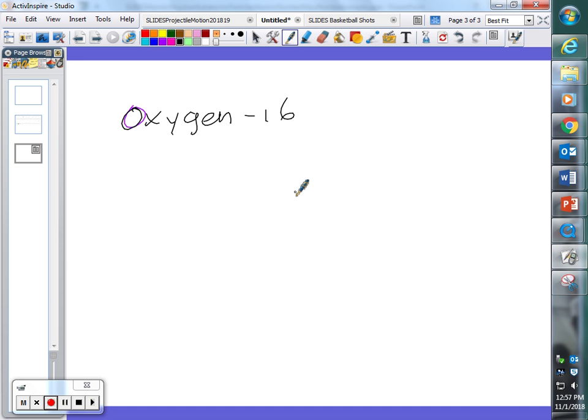And so if oxygen's atomic number is 8, that means that it has 8 protons. And I'm just going to use that symbol to represent protons. So in the little line next to oxygen 16 on your outline, let's start off with 8 protons. Atomic number tells us the number of protons.